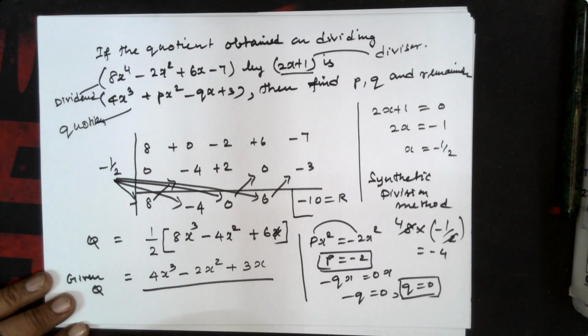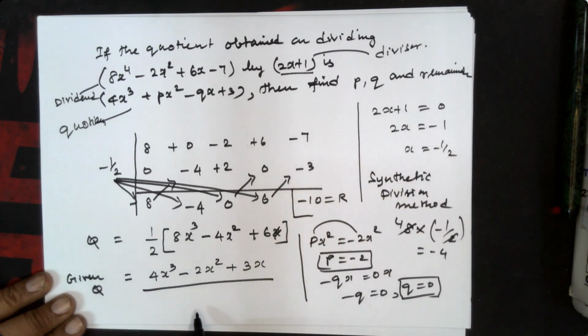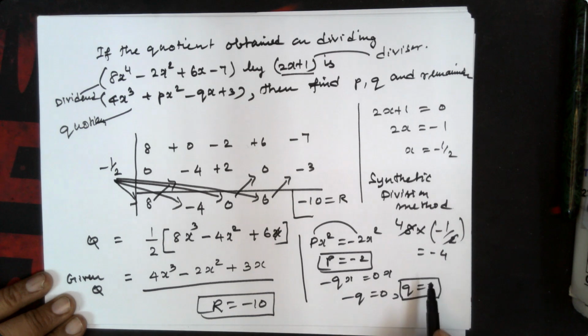Third one is, you have got a remainder of minus 10, so r is equal to minus 10. This is the third answer. Are you able to follow?